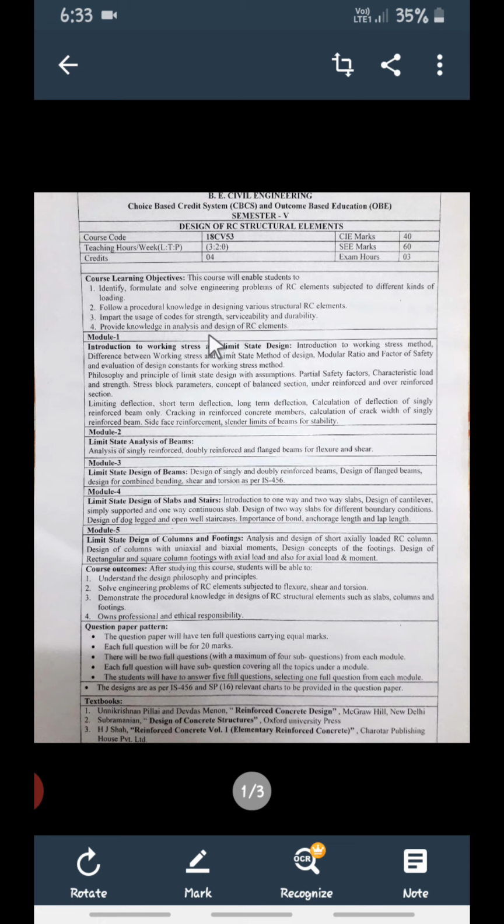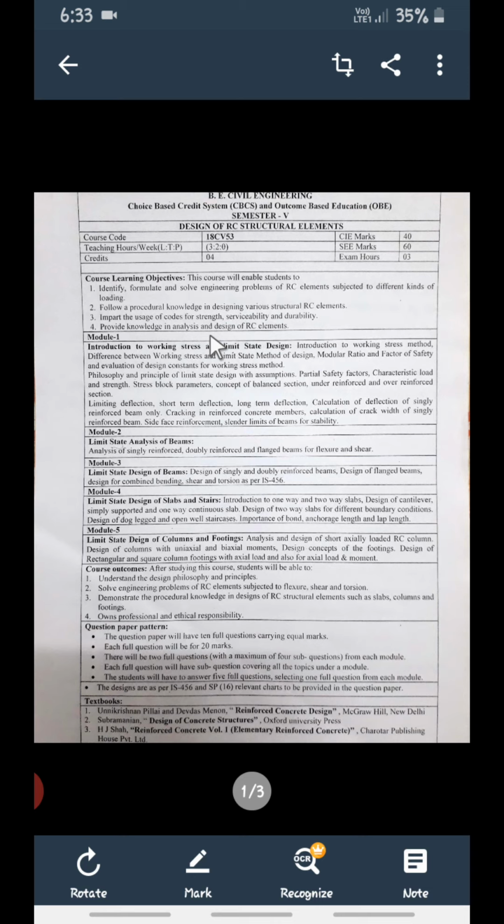So finally you will be familiarized with the analysis and design of RC elements. These are the important objectives of this subject. You are going to get a clear picture of the different types of loads coming on the elements or the structure, how to analyze the structural elements, what procedure to be followed or different methods to be used, and what different codes we can use for the design of elements.